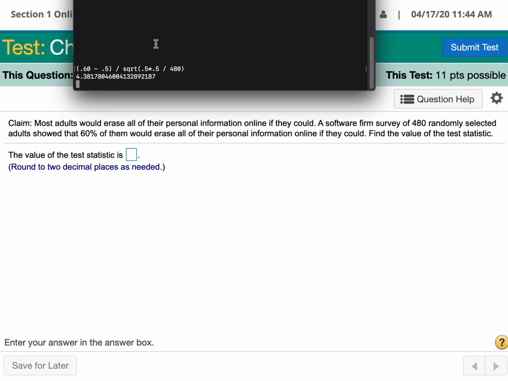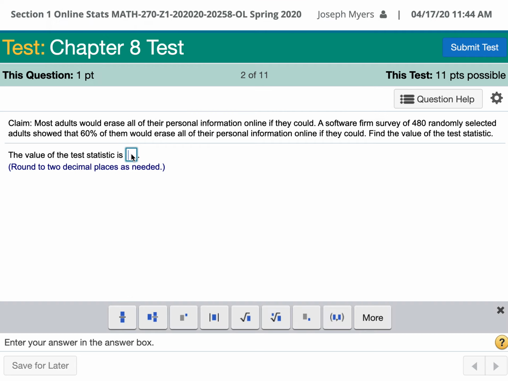You do that and you get the value of the test statistic. We'll round that off to 2 decimal places.